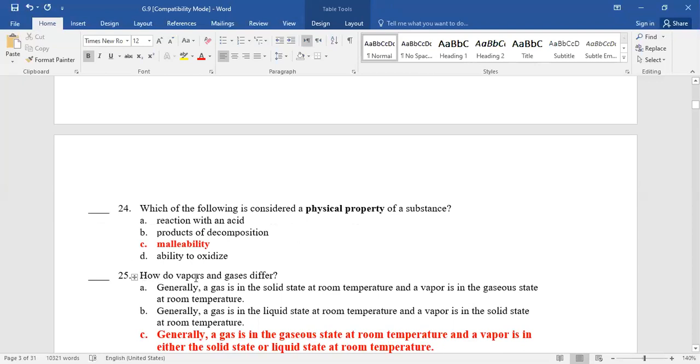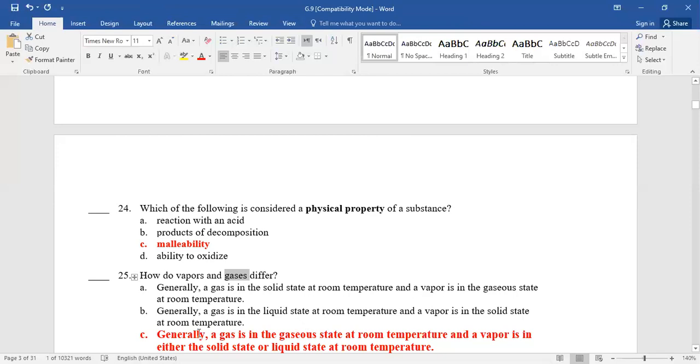How do vapor and gases differ from each other? Option A: generally a gas is in solid state at room temperature and vapor is in the gaseous state at room temperature. That's not acceptable. Option B: generally a gas is in a liquid state at room temperature and vapor is in solid state at room temperature.